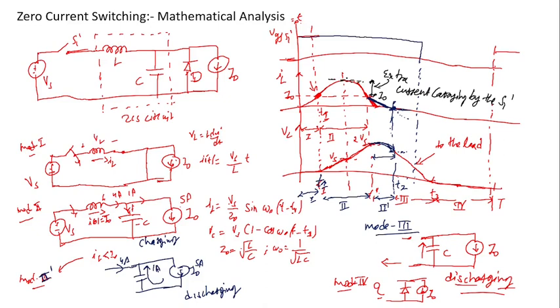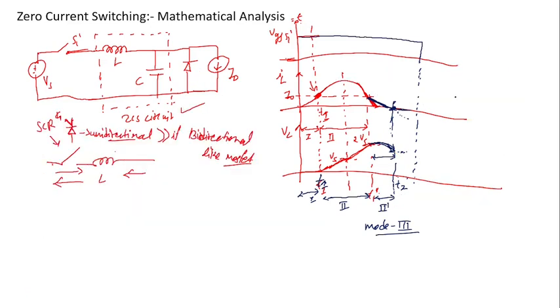This extra current peak value is Vs divided by Z naught. From the mode 2 equation, we can see the inductor current is Vs divided by Z naught sine omega naught (t minus t1). The sinusoidal function peaks at 90 degrees, so Vs divided by Z naught is the extra current.